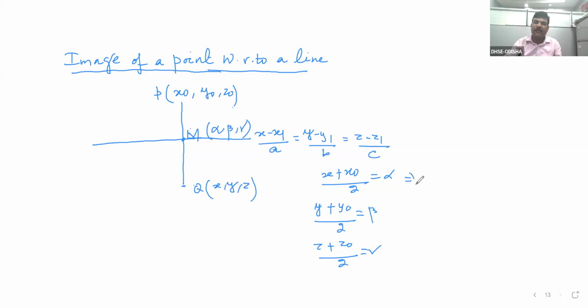This implies x = 2alpha - x0, y = 2beta - y0 and z = 2gamma - z0. So if you can find the foot of the perpendicular, then using its coordinates, we can get the coordinates of the image of the point.